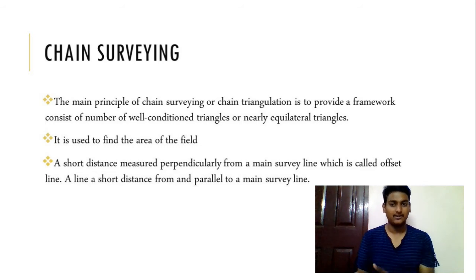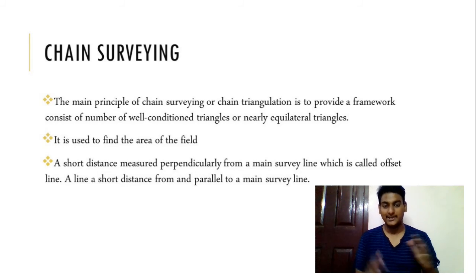So I would like to add some information to chain surveying. The distance can be measured by using chains which can be 20 meters long or 30 meters long. If that exceeds, then the ranging method is brought in. The ranging method has two classifications, direct ranging and indirect ranging.